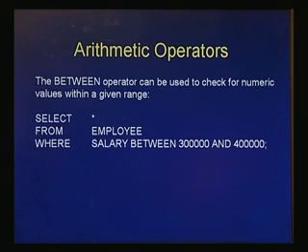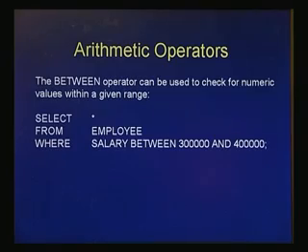So we had started out with looking at arithmetic operators. Let us continue from that point on, and we had seen how you can use plus, minus, star, and slash to perform arithmetic operations, namely addition, subtraction, multiplication, and division.